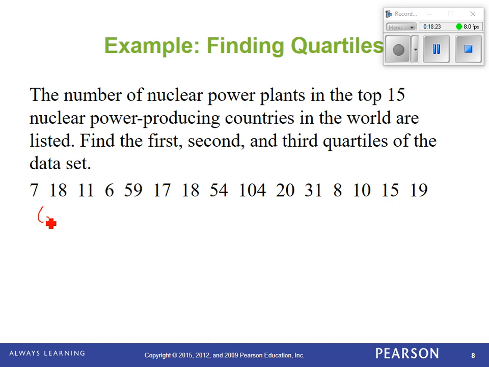6, 7, 8. Hold on, let me mark them out so that we don't get confused. 6, 7, 8. 10, 11. 15, 15. 17, 18. No, I didn't mean to put a comma there. 19, 20. Wait, there's another 18.